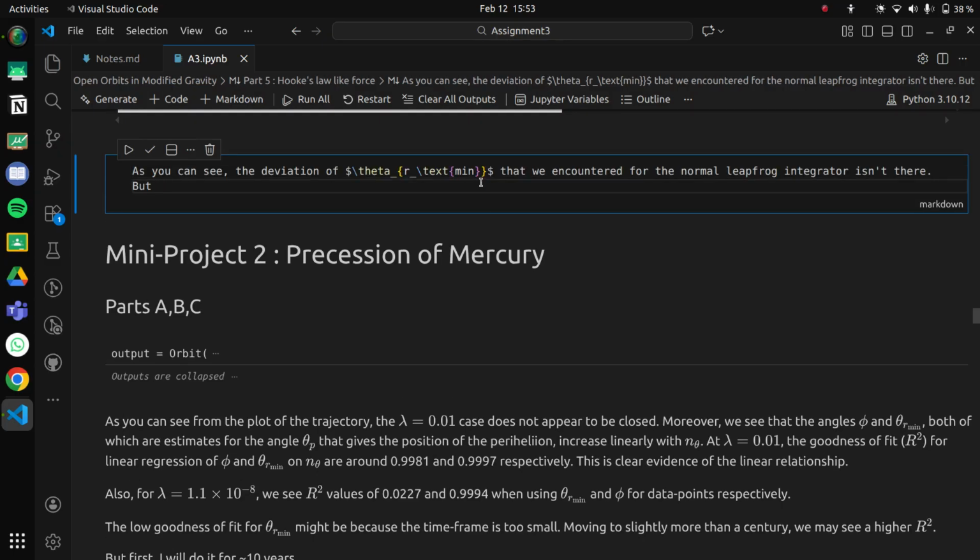But you can also see a slightly non-linear increase in theta, which isn't what we expect. Which isn't what physically happens. What should physically happen?